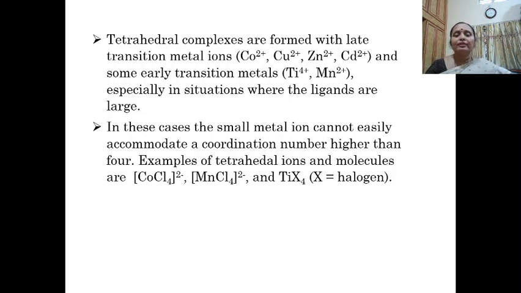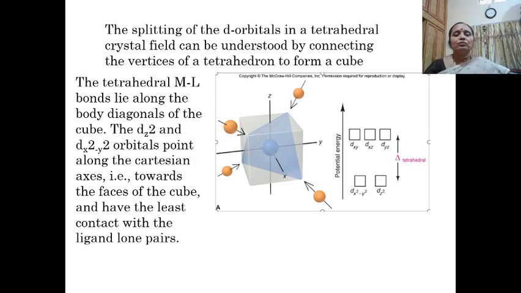Examples of tetrahedral ions and molecules are tetrachlorocobaltate, tetrachloromanganate, and a halogen complex of titanium. When we consider the d-orbitals, how they split in a tetrahedral crystal field can be understood by connecting the vertices of a tetrahedron.